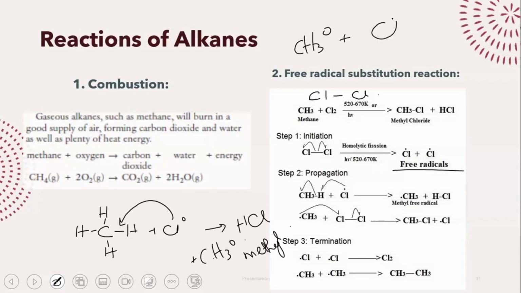So it's going to go to another atom of chlorine and say, I'm going to make a bond with one of your chlorine atoms because I want a bond. So it's going to make a bond with one of the chlorine atoms and make chloromethane, right? 1 carbon atom and the side chain is chloromethane.